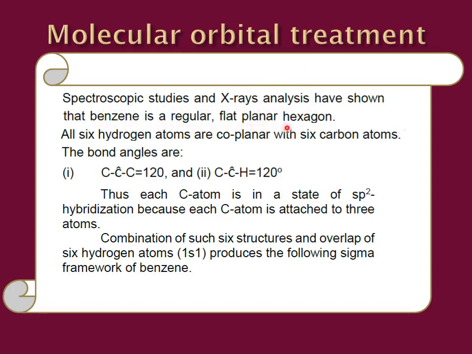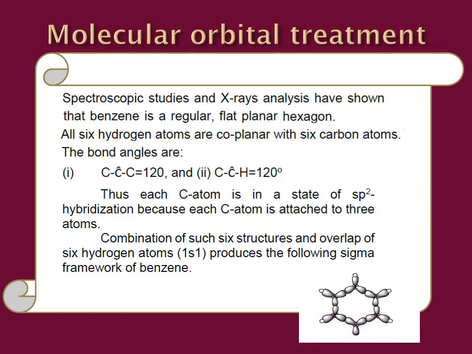The bond angles between carbon, carbon and carbon are 120 degrees, and the bond angles between carbon, carbon and hydrogen are also 120 degrees. Thus each carbon atom is in a state of sp2 hybridization because each carbon atom is attached to 3 atoms: carbon on this side, carbon on the other side and one hydrogen atom, and all these 3 are sigma bonds.